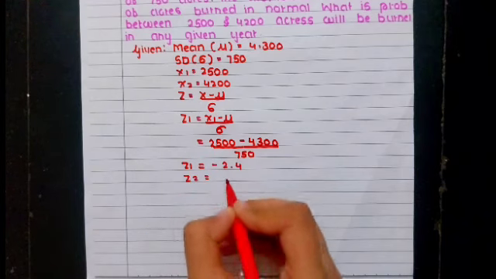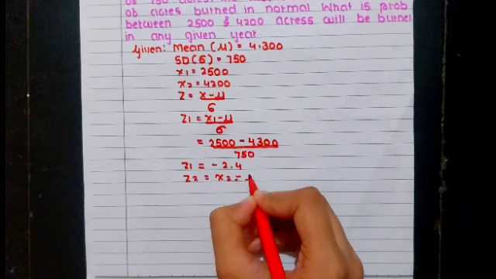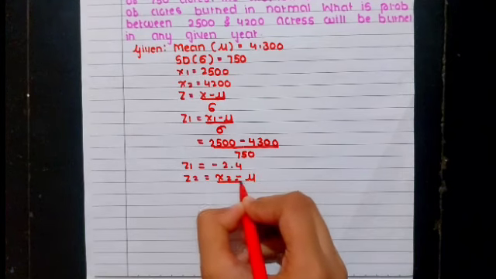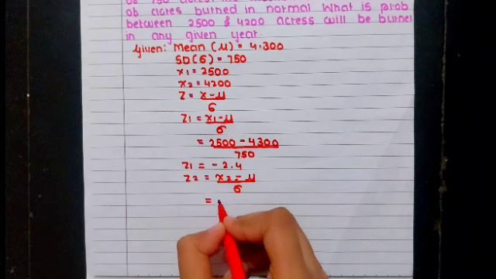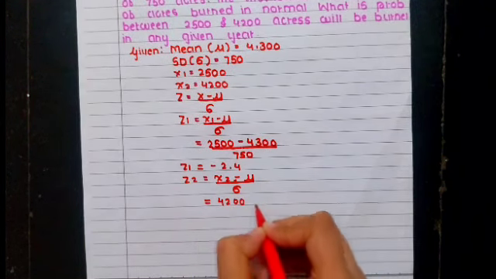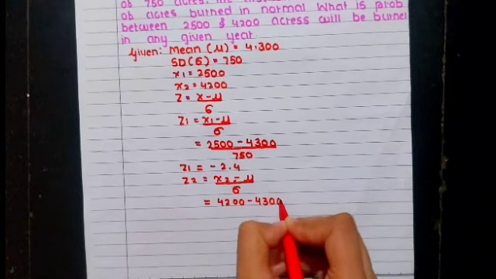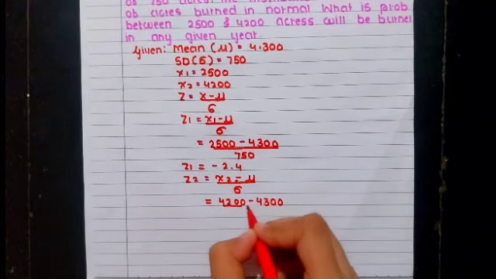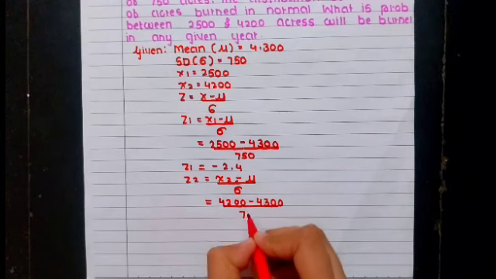Now we will move towards z2. The formula for z2 is x2 minus mu upon sigma. Here the value of x2 is 4,200 and our value of mu is 4,300, divided by sigma, that is 750.